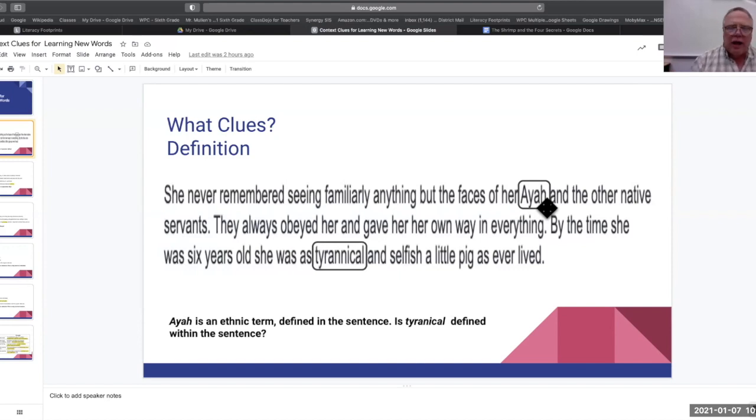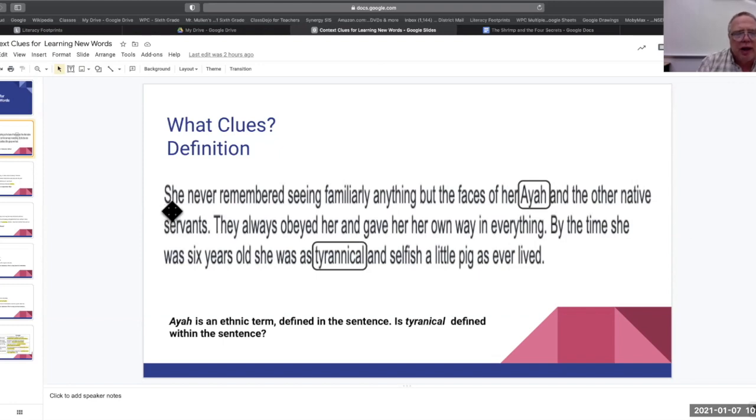Even if we break it up, we're probably not going to know what it means. But we can get a clue if we read through the text. Okay? And one of the first clues that the context gives us is that often the context will give us a definition of a word, especially words that come from other cultures.